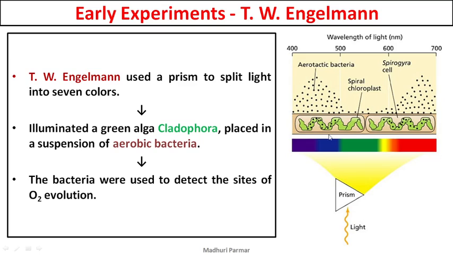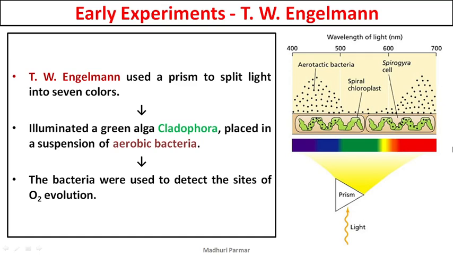The Cladophora which was present near blue light performed a lot of photosynthesis, which meant that it released a lot of oxygen. This oxygen got accumulated in this area, and that oxygen was used by the bacteria. So bacteria started moving more and more in this part of the experimental setup, because there was more oxygen on this side.